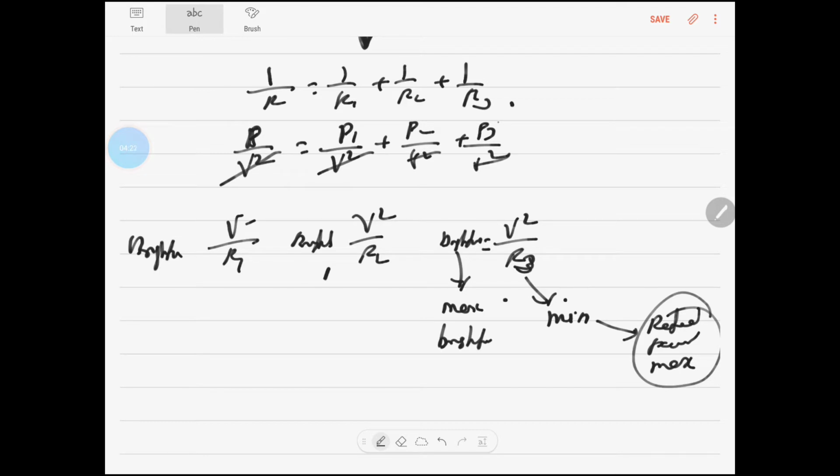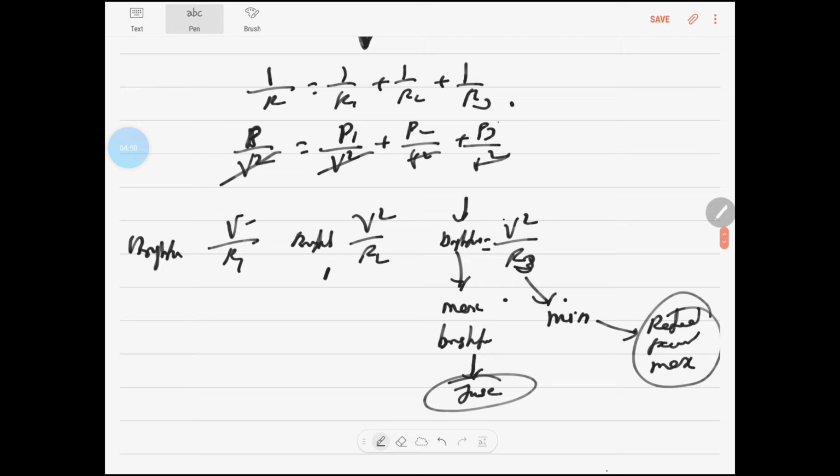Beyond that, if the current in the circuit is increased beyond the safety limit, this will be the first bulb to fuse again, because beyond this you cannot increase the brightness.